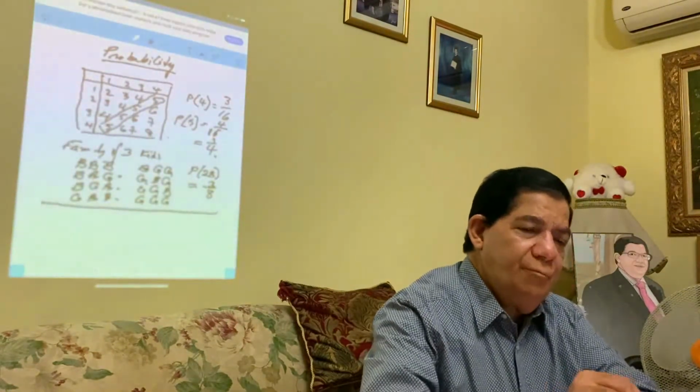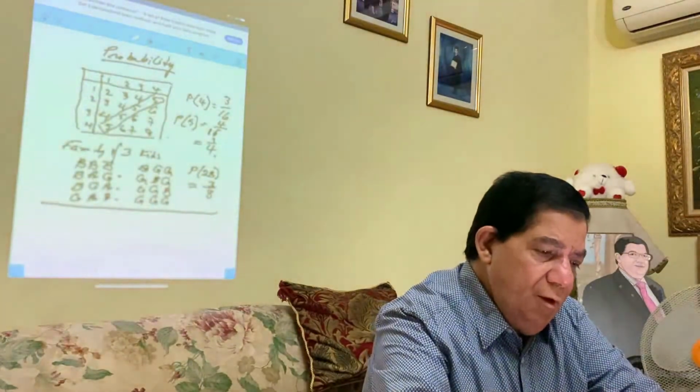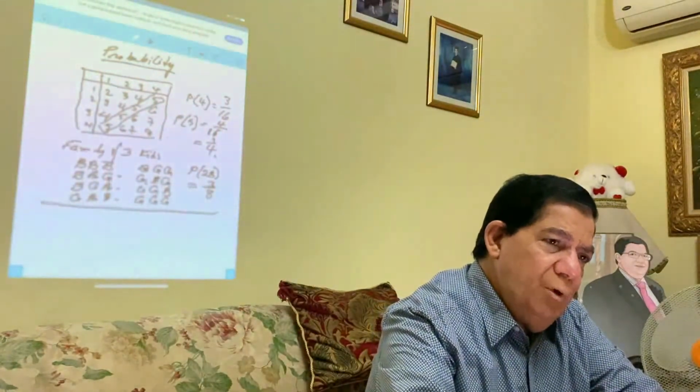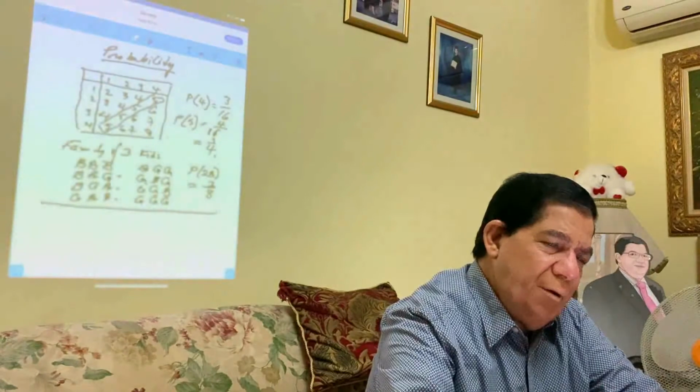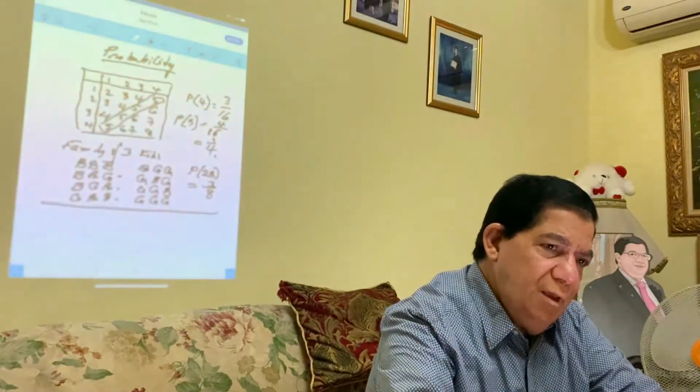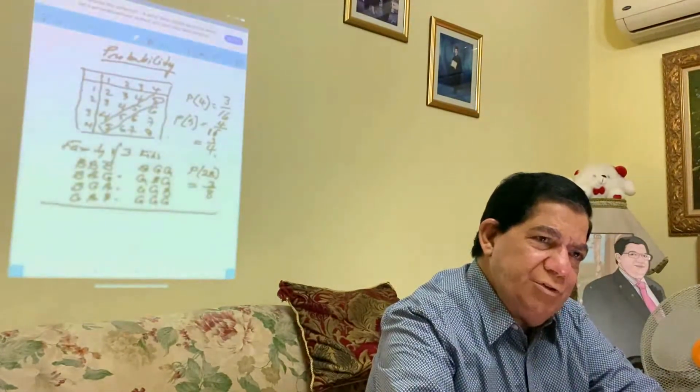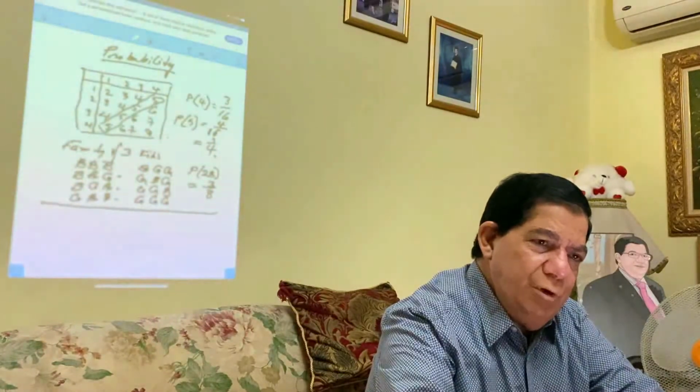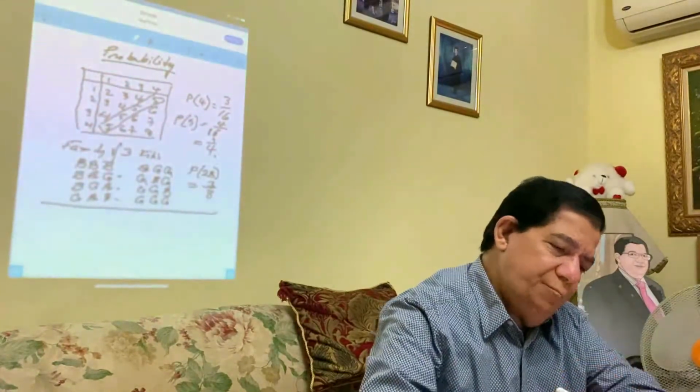Now, one thing we do when there are 2 events happening, is that we use sets and we use Venn diagrams.